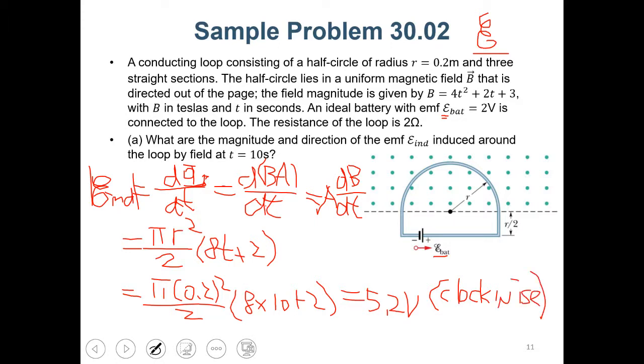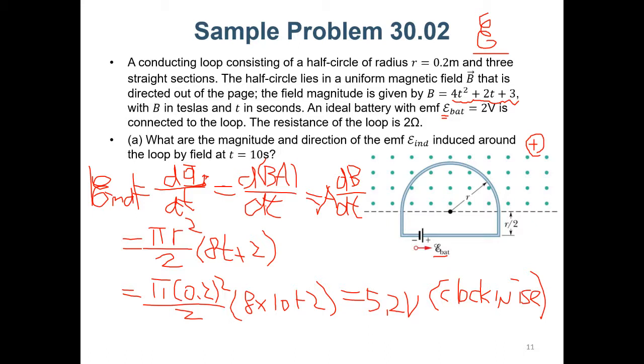How do we determine it? First of all, let's assume out of the page is positive. As B equals this, we consider this term positive, which means out of the page is positive.